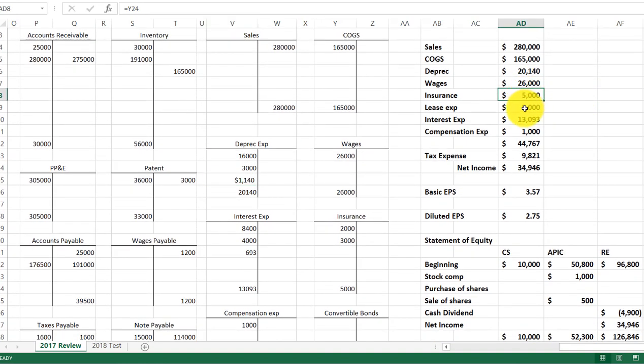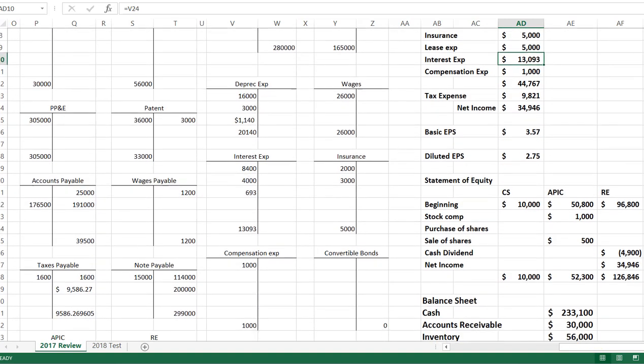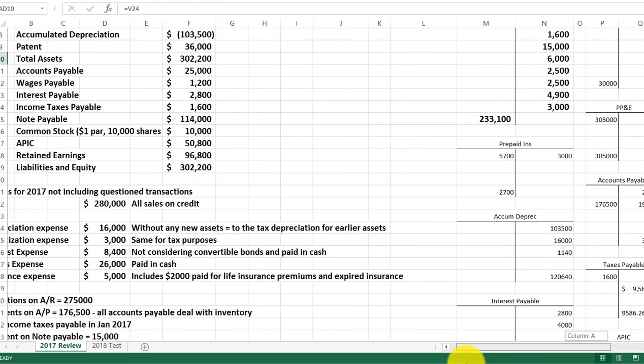Wages, insurance we talked about, lease expense, two payments of $2,500. Interest expense, we have interest on the that was given.